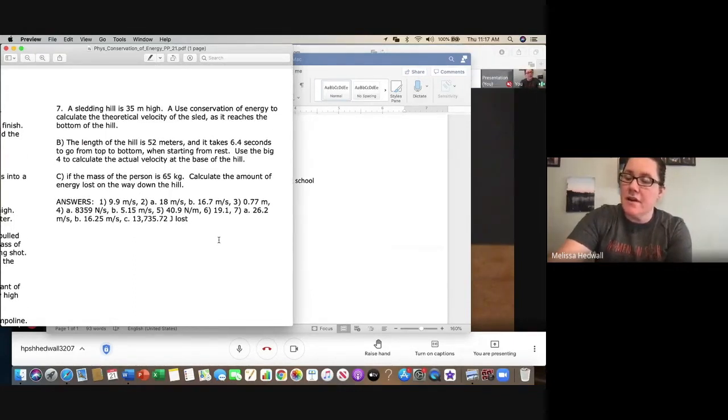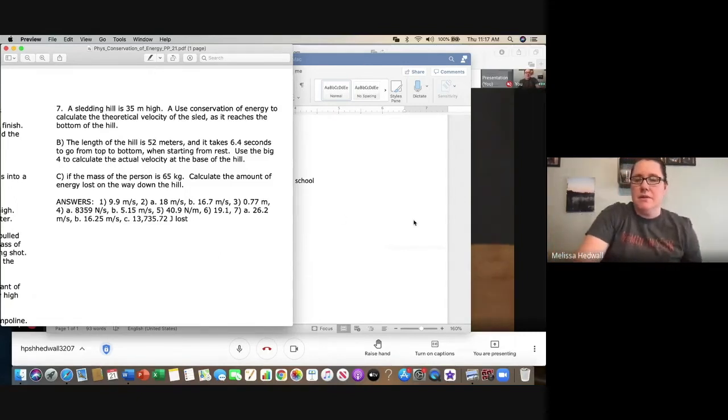The length of our hill, the distance you'll travel going down the hill, is 52 meters. And it takes 6.4 seconds to go down. And the mass of the person, we're going to say, is 65 kilograms.